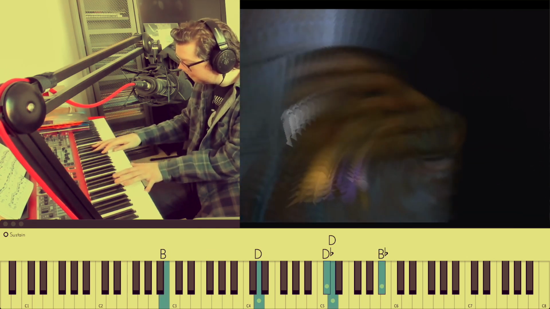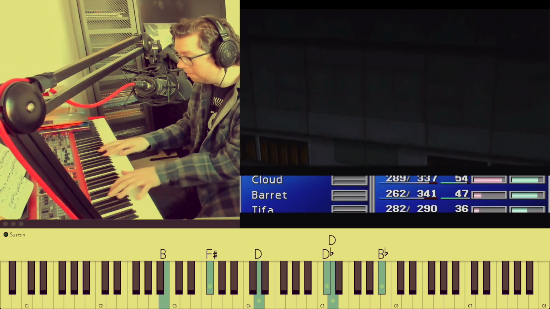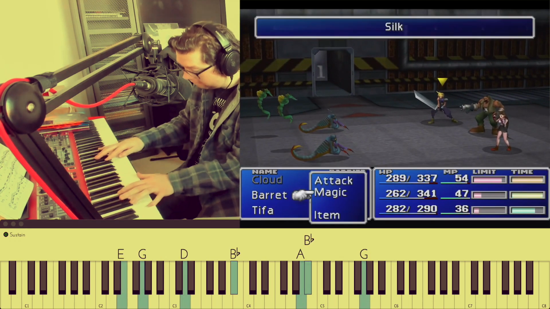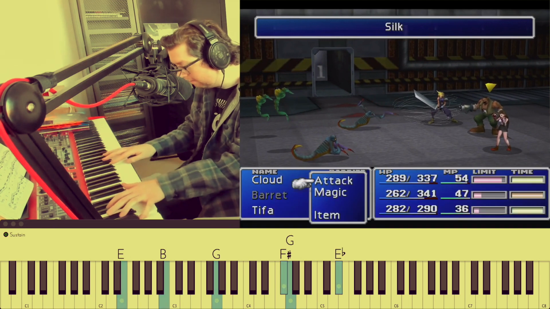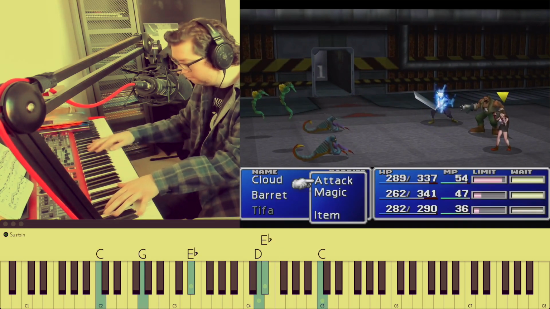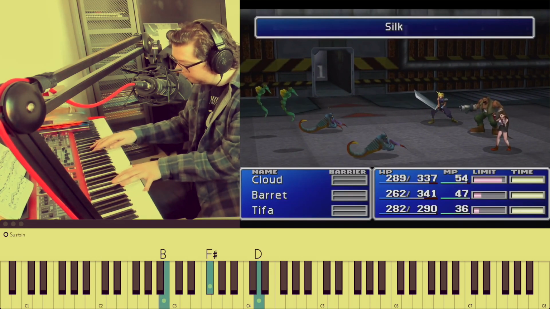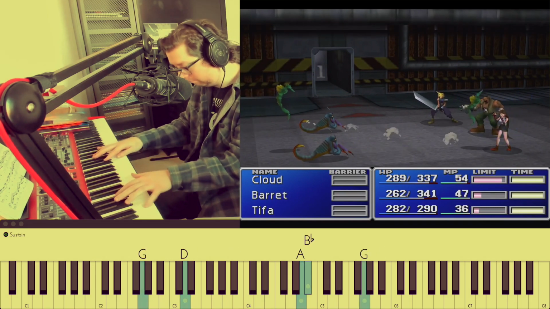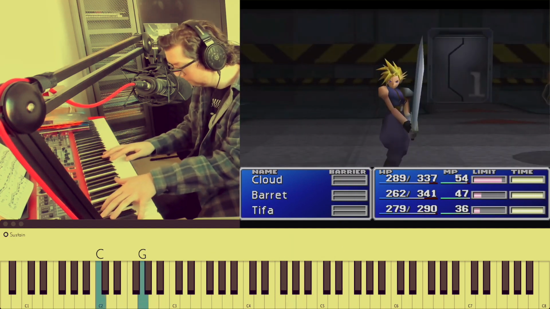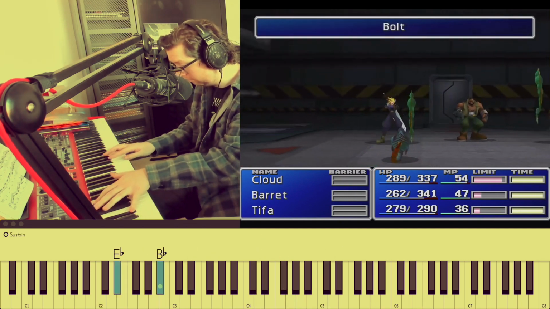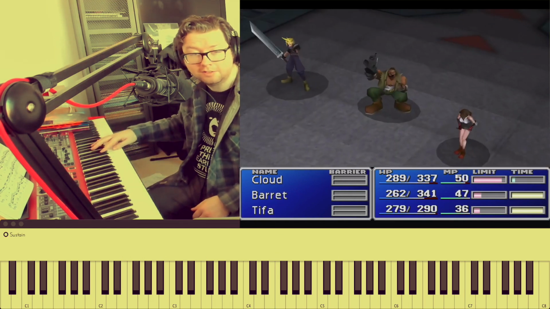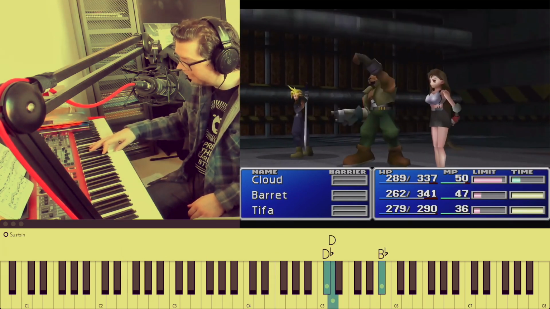Something like that. And then G minor. And then E, C. But again, there's no bass line, so it's hard to tell. It could be so many things.